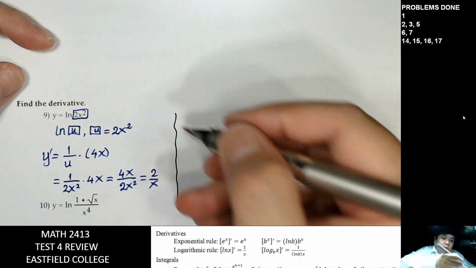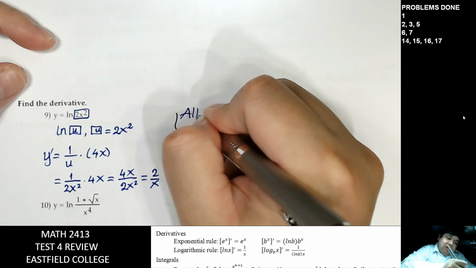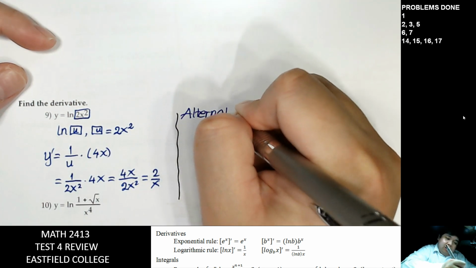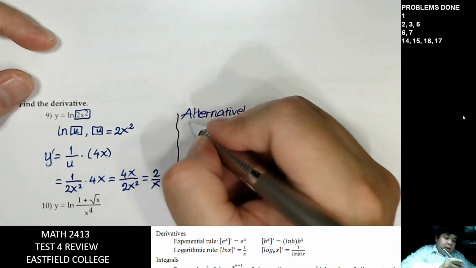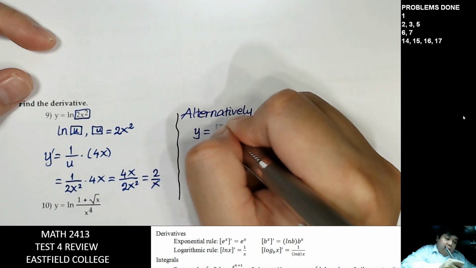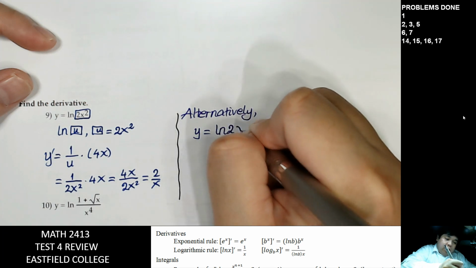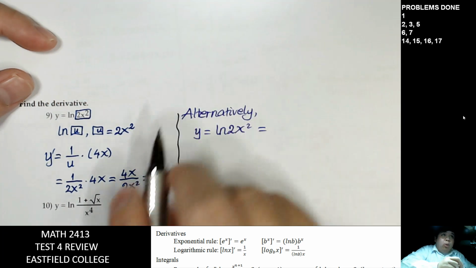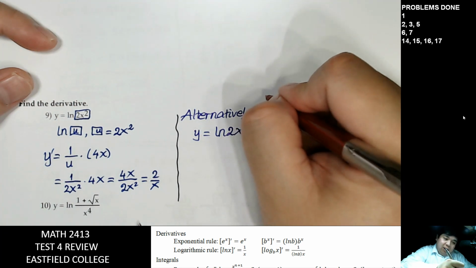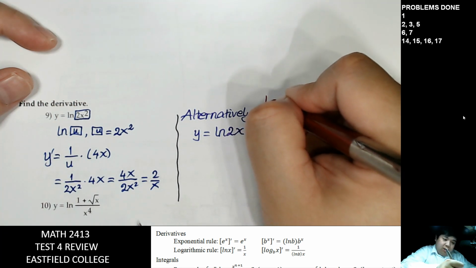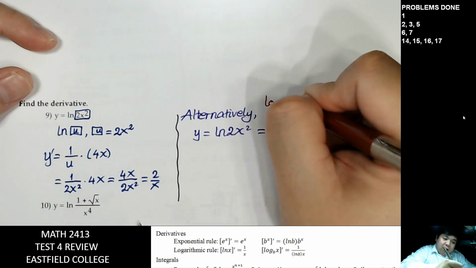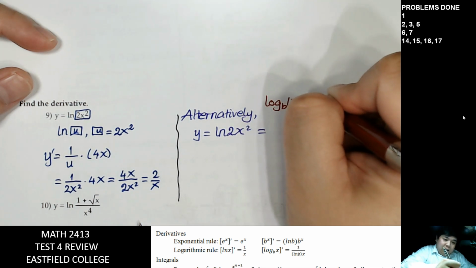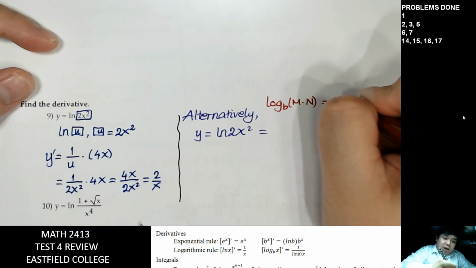This is another way to do it. Y equal to ln of 2x squared. We use this property: log of a product is the sum of the logs.